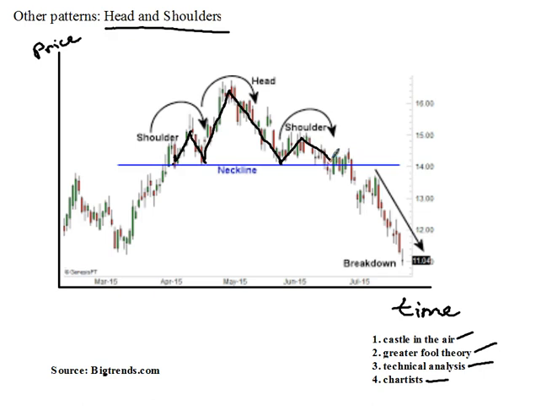Now here's the argument. The argument is that when we see this pattern in the stock market, the pattern is going to get broken right here, as it comes down off the second shoulder. One of two things is going to happen.